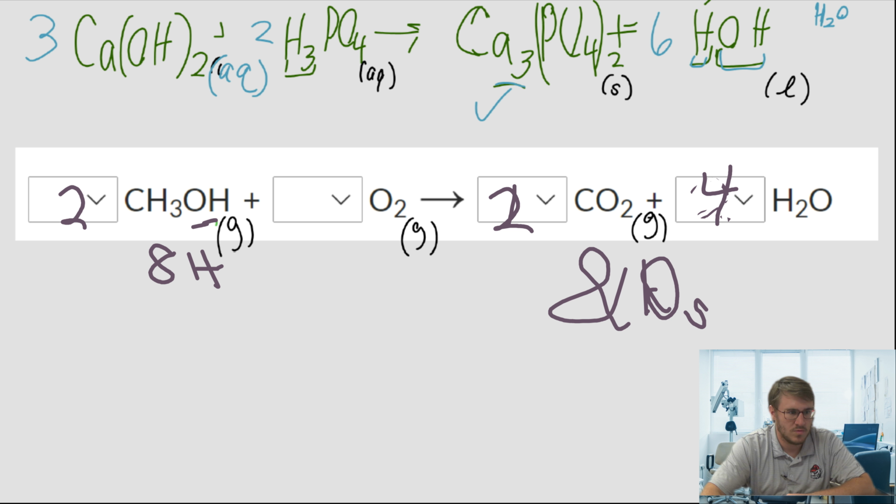I've got 2 already. I need 3 times 2 more, 6 plus the 2. 2 here times the oxygen makes 2. I need 6 more to get to the 8 total oxygens. Does that make sense? Okay, good.